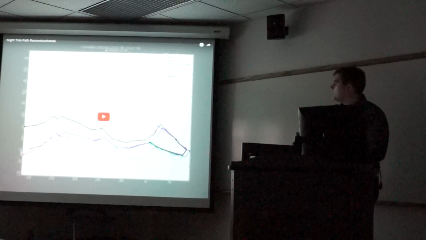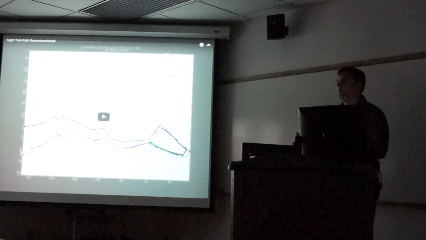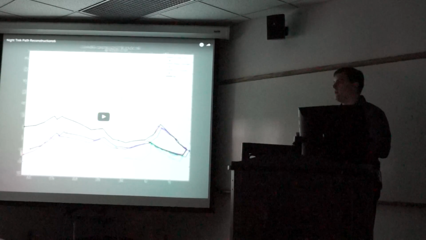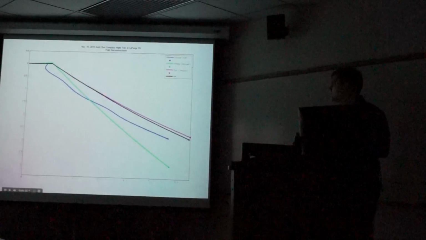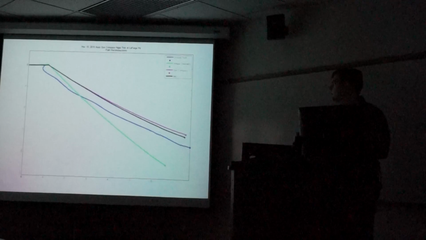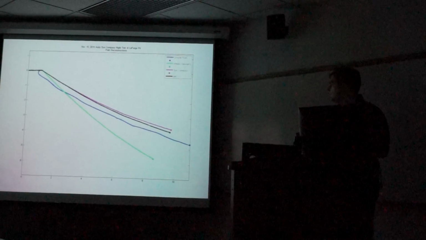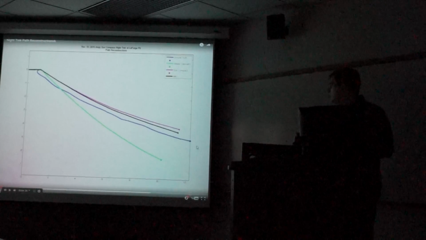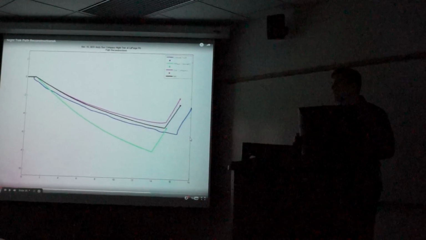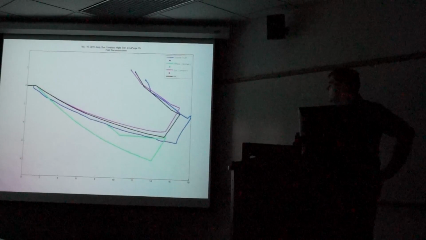So this video shows through time the recreation of these paths played back at much higher than real time to give you a sense for how these paths are affected by the relative error. You can see there's a little wiggle in the point. Each one of these is, this blue is the ground truth, so that's the actual position of the rover at time.